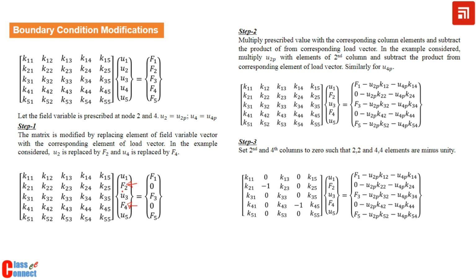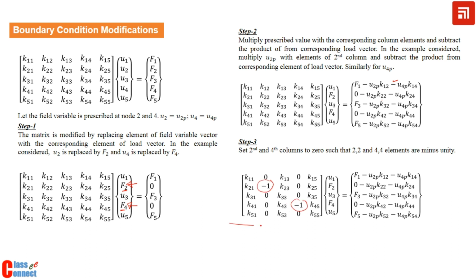So we have replaced U2 by F2 and U4 by F4, and then we have done the same process of subtracting the product of the prescribed value and the corresponding values of the stiffness matrix, and finally replacing only the column as 0 and the pivot as -1.